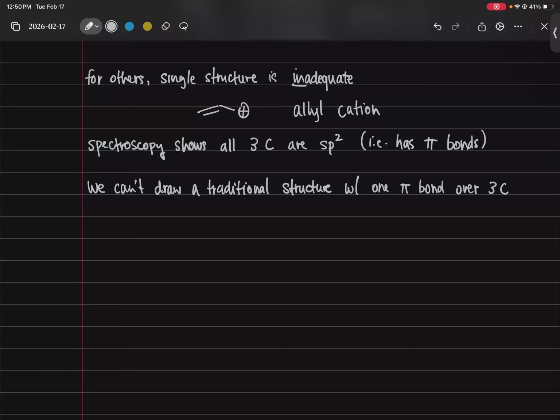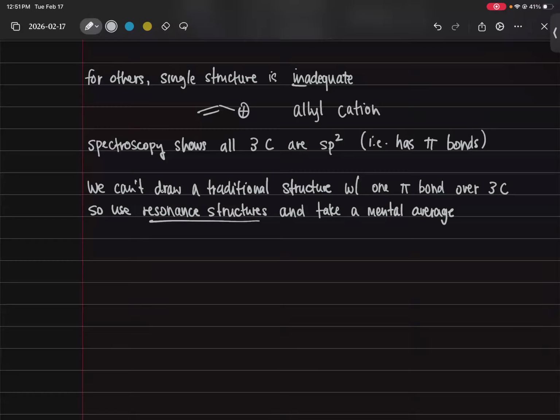And additionally, what that means is we're going to have the positive charge also spread among multiple carbons. We'll get to that in a moment. So the way we do that is with resonance structures. And we're going to take a mental average of these two different structures, and that's going to give us the actual structure of the molecule.